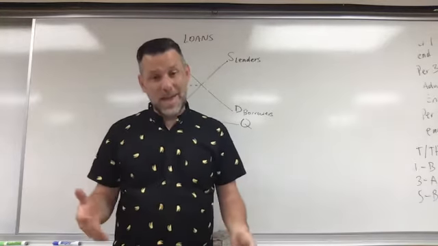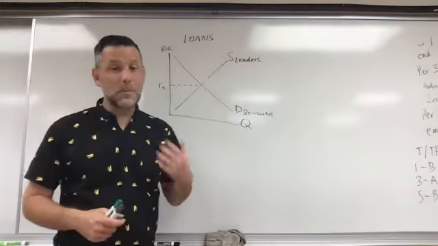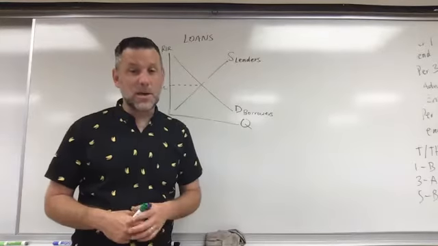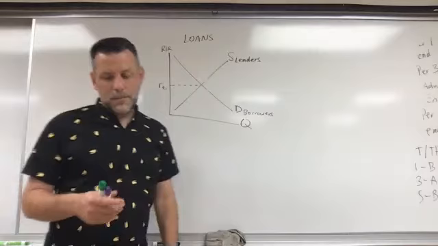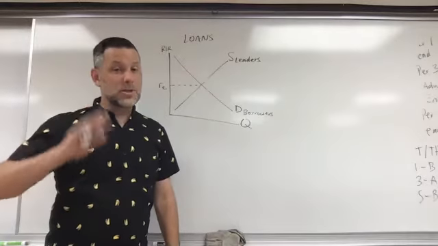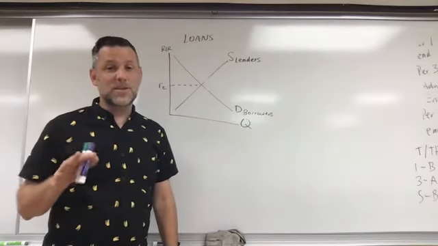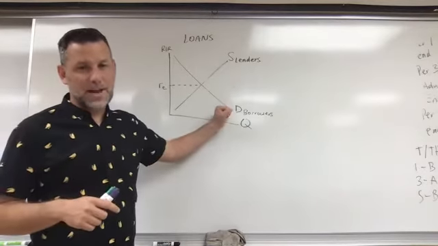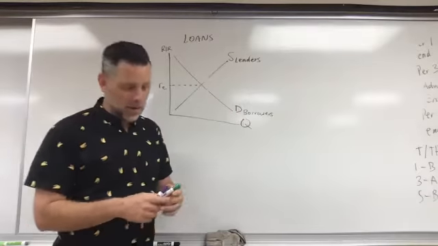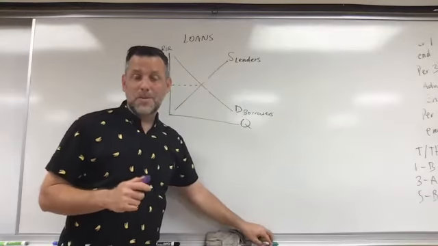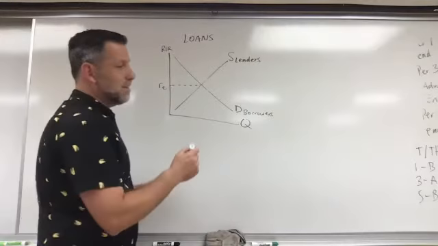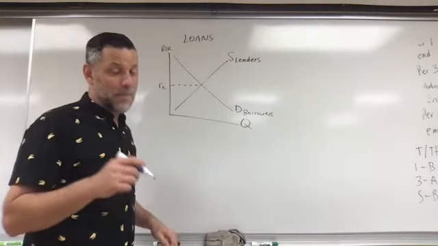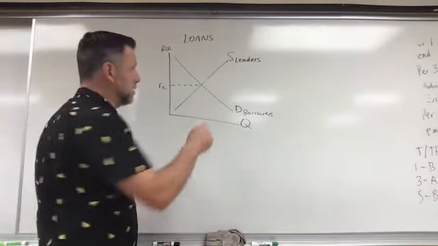But at the end of the day, when people go to buy those government bonds, we need to be able to show that effect on this graph. Commonly, there are two ways that professors demonstrate that increased borrowing by the government on this graph. The way that I prefer is to show this as people taking the money out of their bank accounts to go buy bonds.